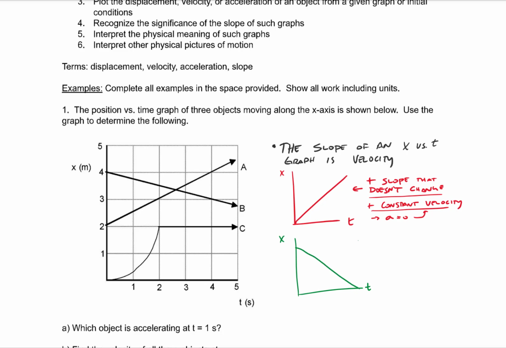If we have a negative slope that doesn't change, that means we have negative constant velocity, and the acceleration is also equal to 0, just like before. So if we see a straight line on a position versus time graph, that means constant velocity and 0 acceleration.